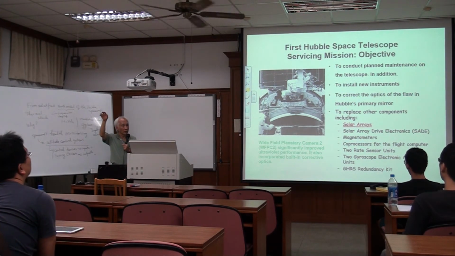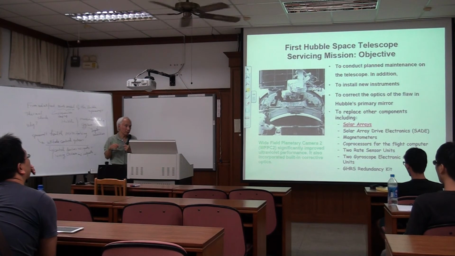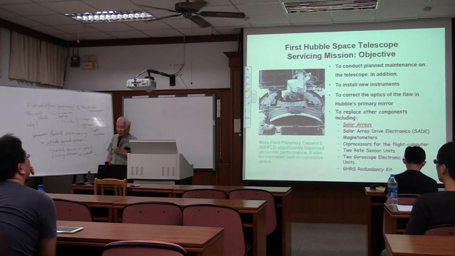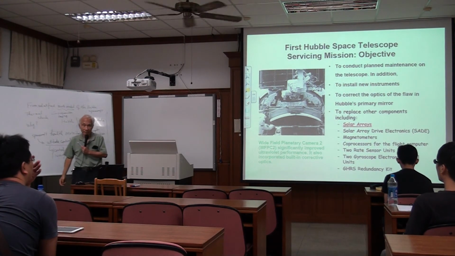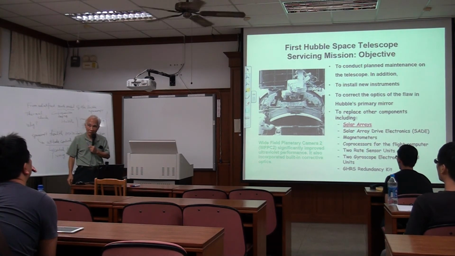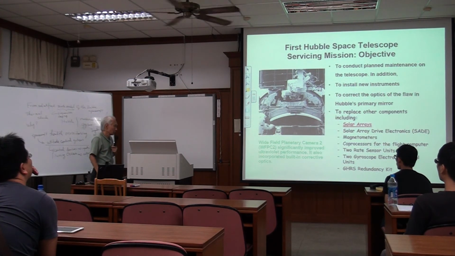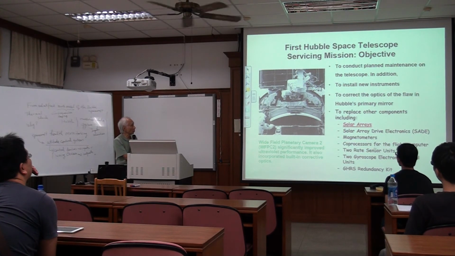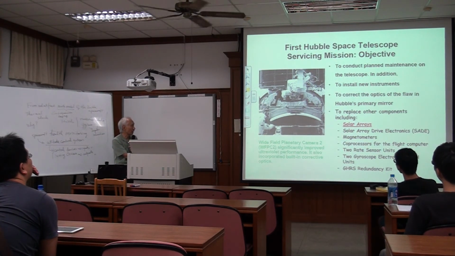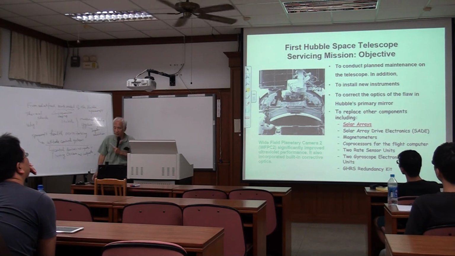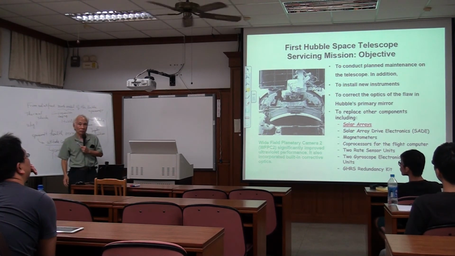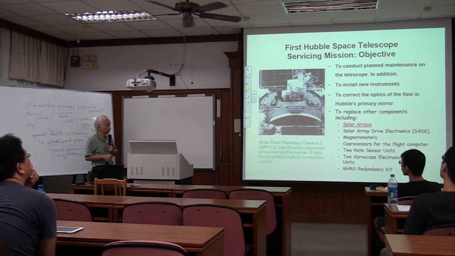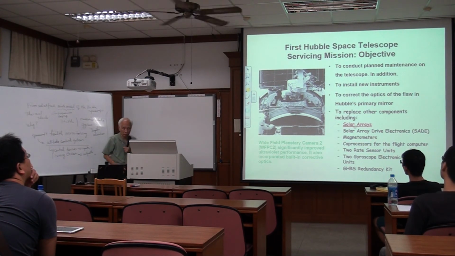Also, going to space is a very dangerous environment. The astronaut can get hurt by any failure of operations. So it's also very expensive. By the way, there are videos that show how the astronauts changed the solar panels, the solar arrays. I didn't have videos to show you.